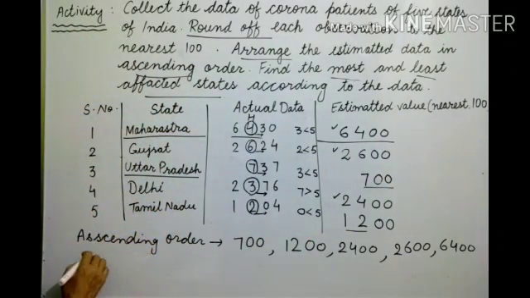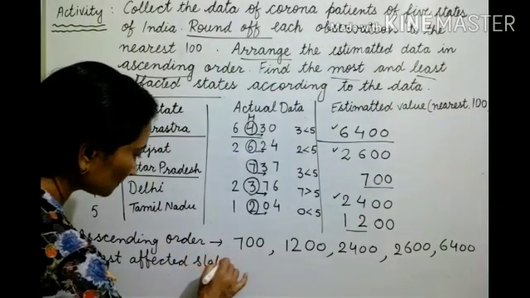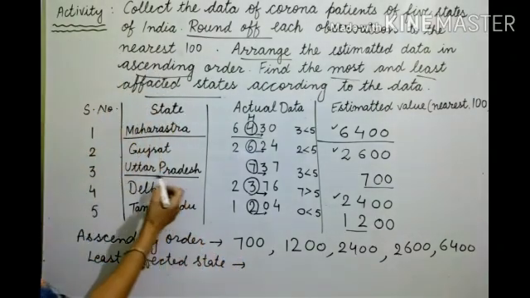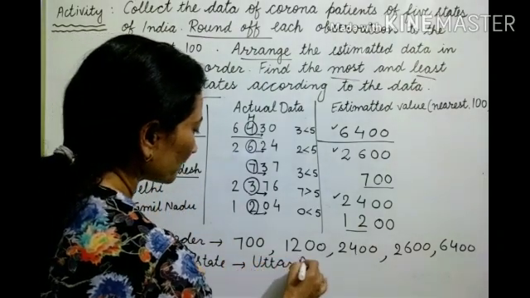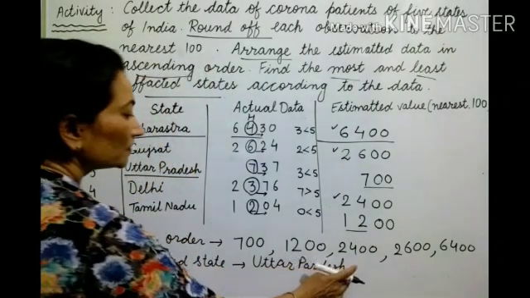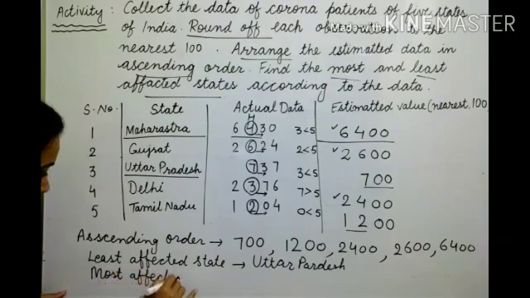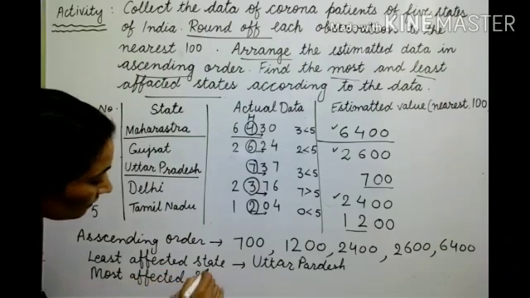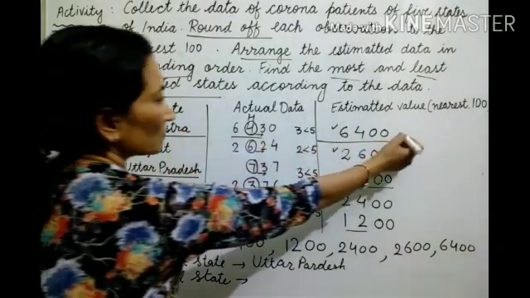So you will write least affected state, which is Uttar Pradesh, and next, most affected state, which is Maharashtra, having the greatest value.